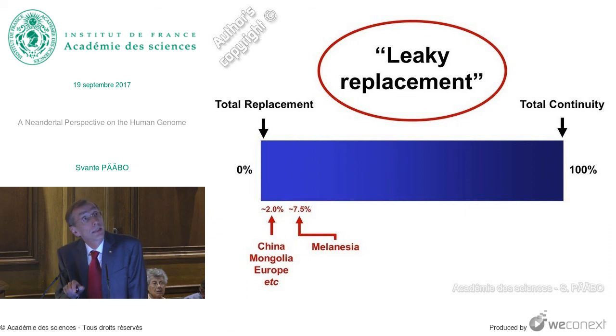But we should not forget that a vast majority, more than 90% of all the genetic variation outside Africa, does indeed come from Africa. So we often like to call this leaky replacement. The big picture is one of replacement when modern humans appear in Europe and Asia, but there is some kind of a genetic leakage, a little bit, from these other forms.